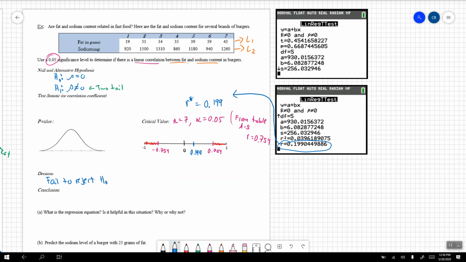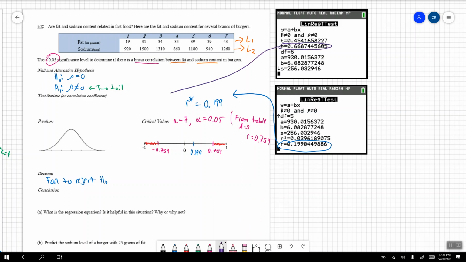All right, now what if we wanted to use a p-value test? Well, we would just go to our test statistic, and let's see if we can find it here. Let's do this in another color, let's do this in purple. There we go. So I would look for my p-value, and here it is.